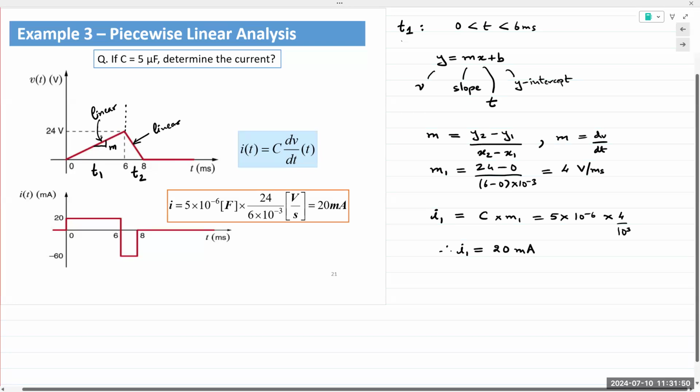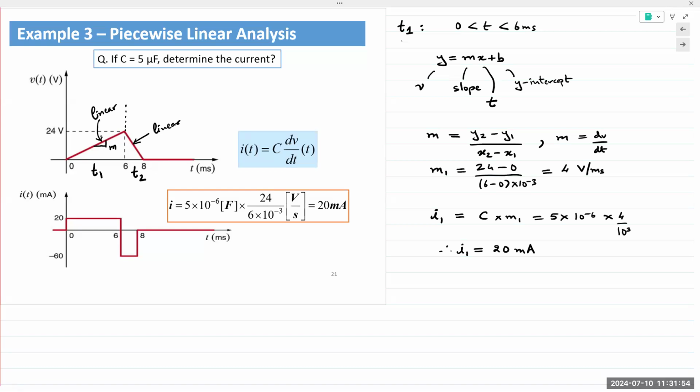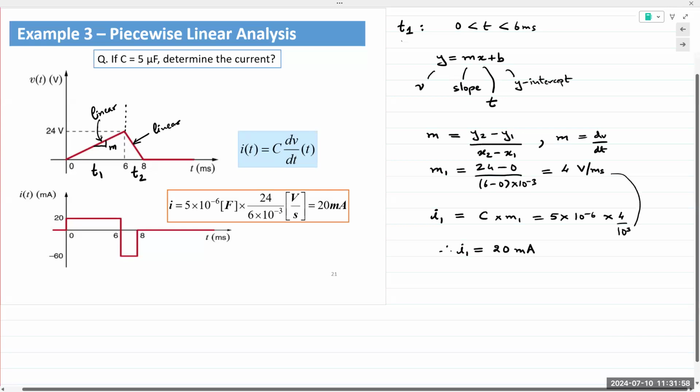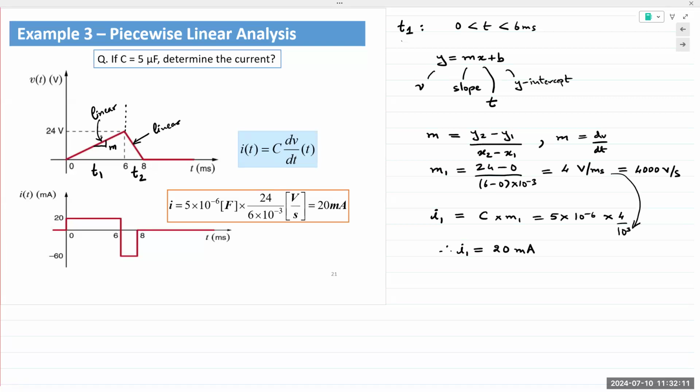If we didn't take care of the units, then our answer would turn out to be incorrect. 5 microfarads and 4 volts per millisecond, or we could also write this down as 4,000 volts per second to keep everything straight. Okay, 4 volts per millisecond or 4,000 volts per second. So you get 20 milliamps.